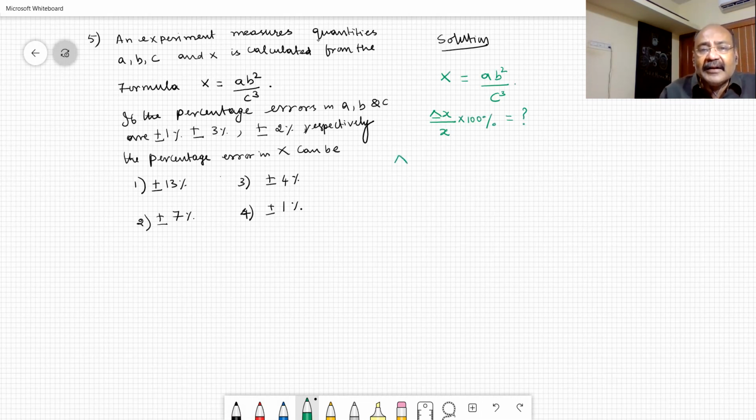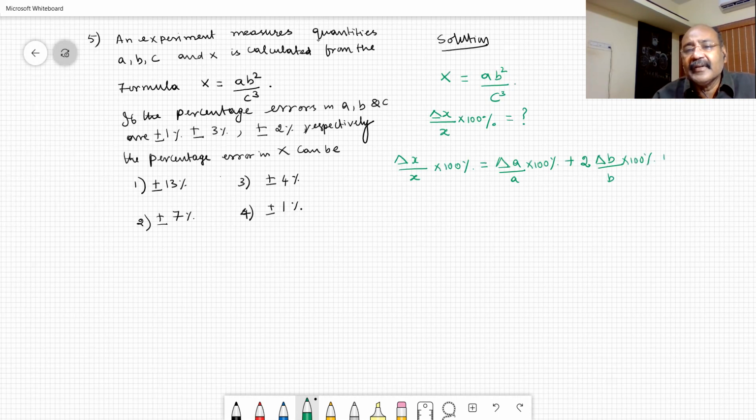So I am writing delta X divided by X into 100% is equal to, for A, delta A divided by A into 100% plus, here it is B square, so I have to write 2 into delta B divided by B into 100% plus, what is C cube when taken? 3 into delta C divided by C into 100%.